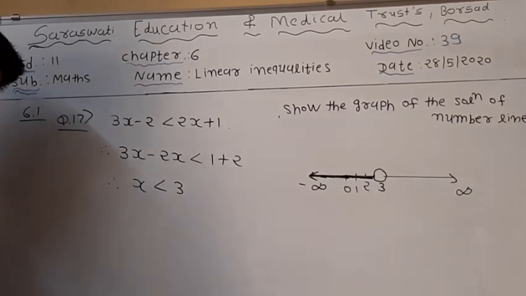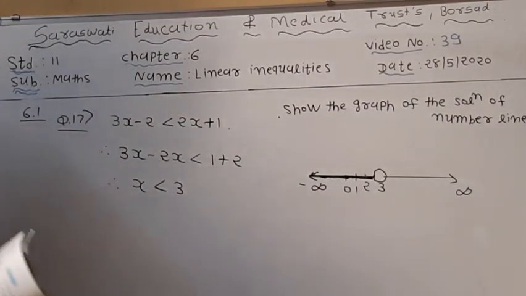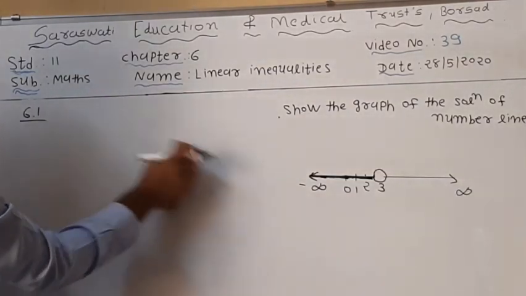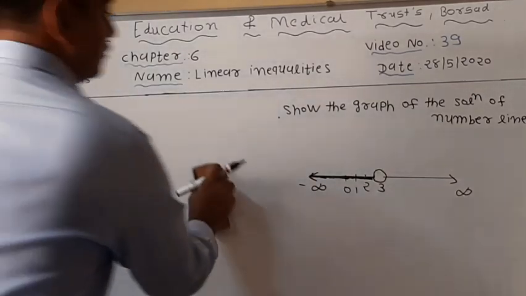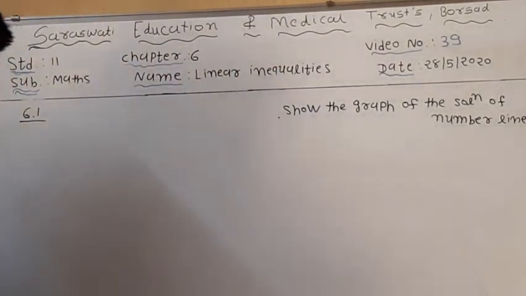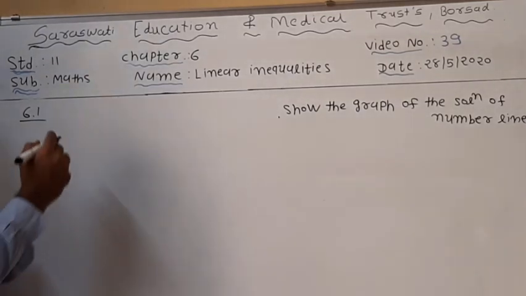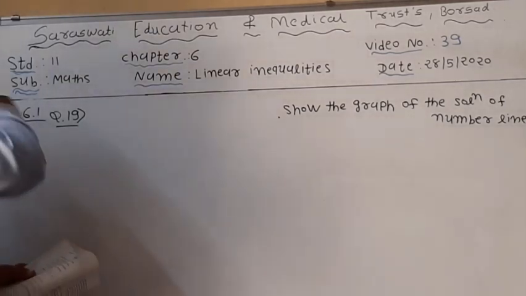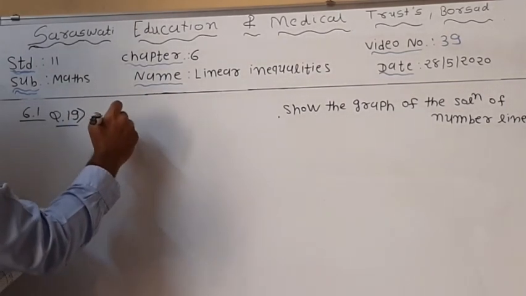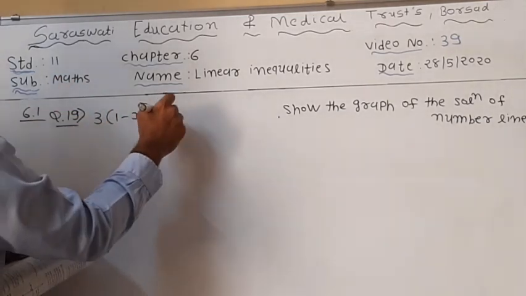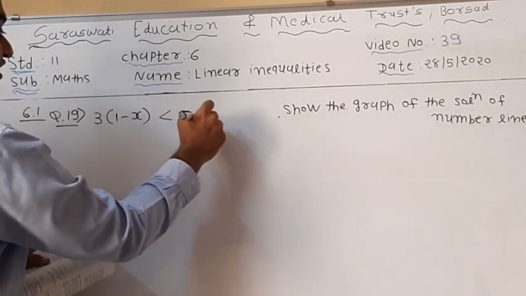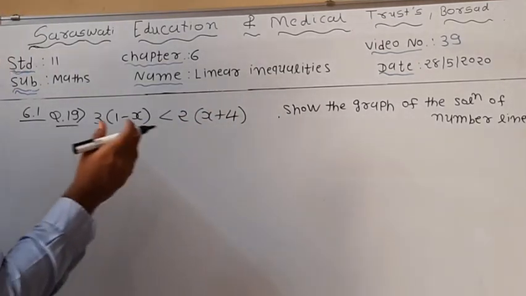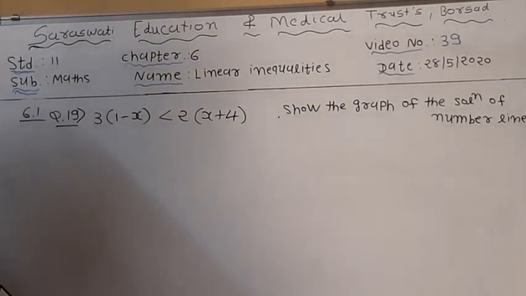Now next one, question number 19. 3 into bracket 1 minus x less than 2 into bracket x plus 4. Again show the graph of the solution on the number line.